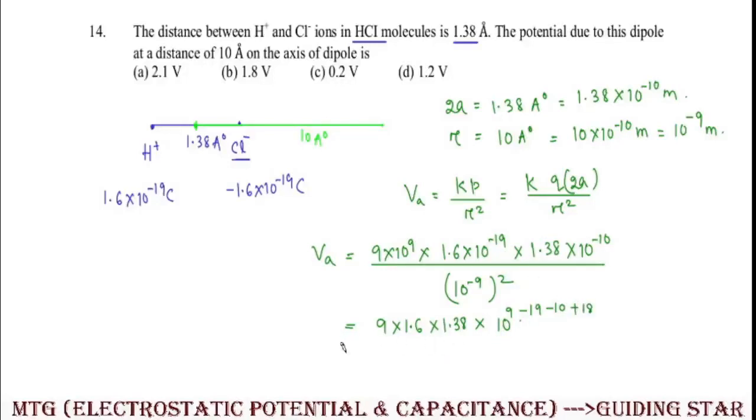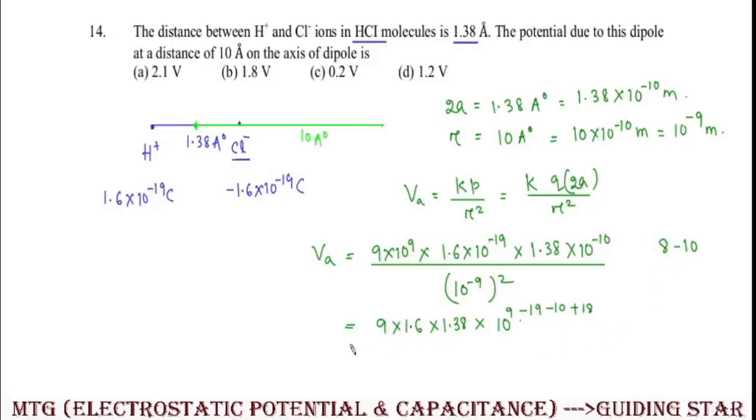Clear. So finally this order will become minus 19 plus 18 will be minus 1, 9 minus 1 is 8, so 8 minus 10. So it will be 10 to the power minus 2.